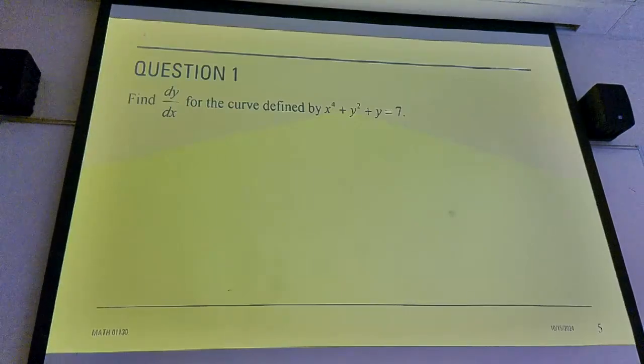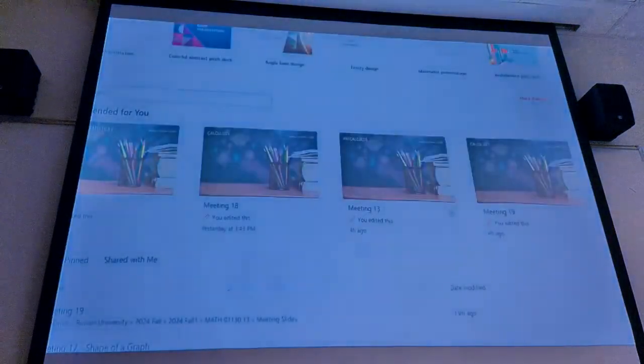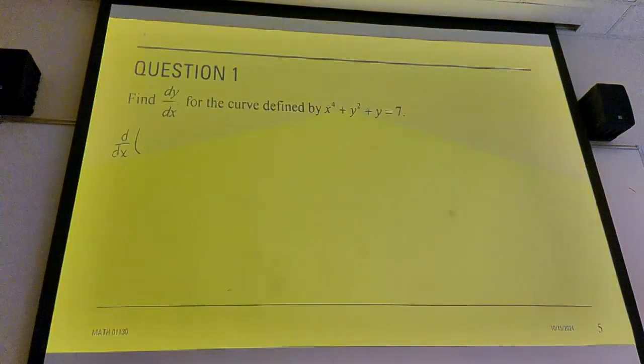We're going to find dy/dx for this curve. This is what we do.